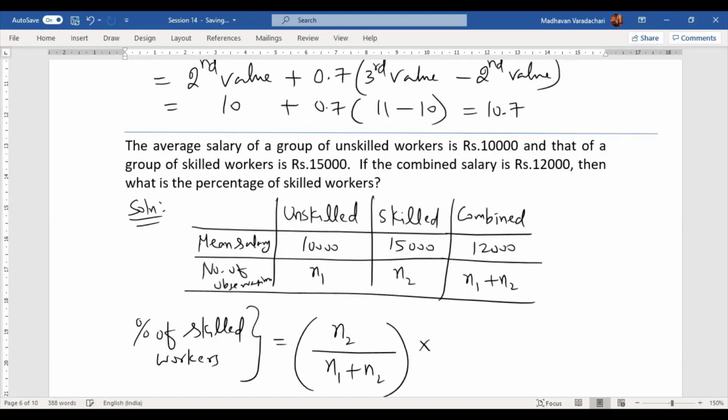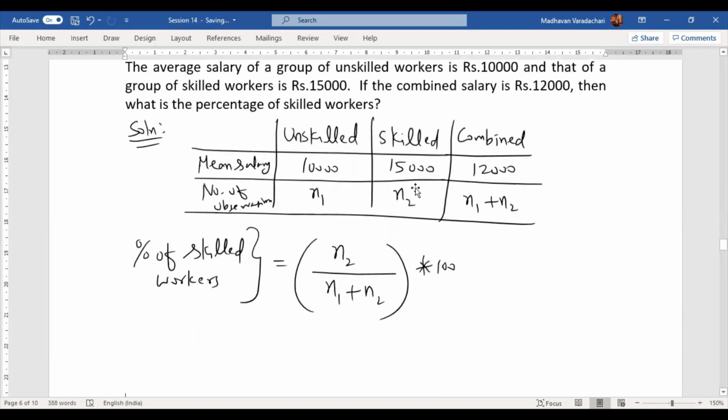And then multiply by 100, I will get this percentage of skilled workers. Now, we have got combined arithmetic mean, unskilled arithmetic mean, skilled arithmetic mean. Let me call this x1 bar, this x2 bar. Since this is combined, I'll call it x bar.